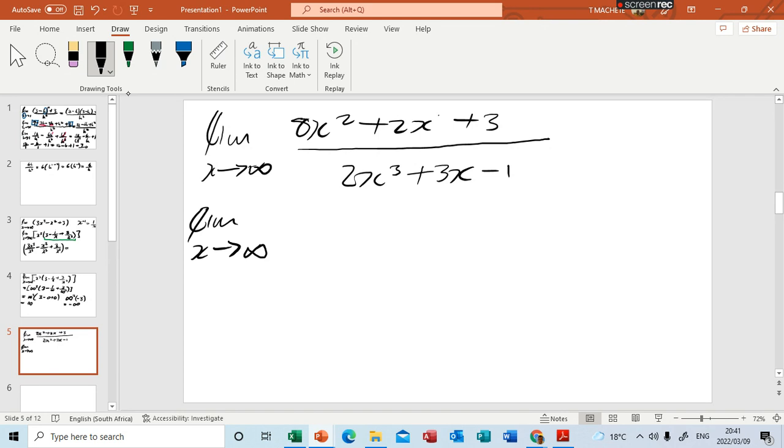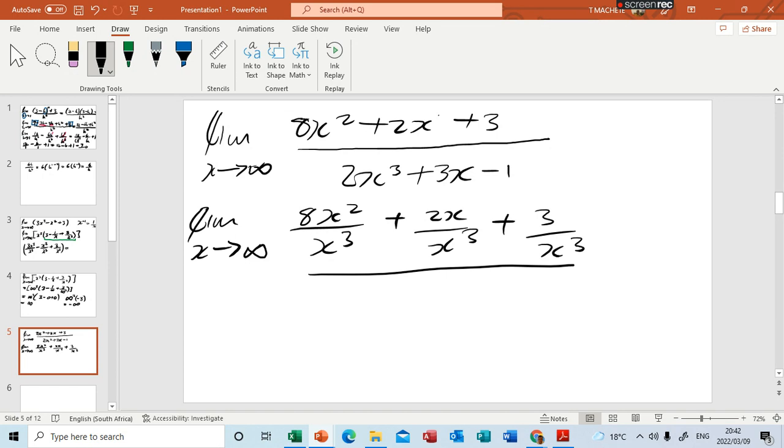And then you're going to divide everything by that highest power. Like I told you earlier, remember I told you to divide everything by that highest power. So you say 8x squared over x cubed plus 2x over x cubed plus 3 over x cubed, all divided by 2x cubed over x cubed plus 3x over x cubed.